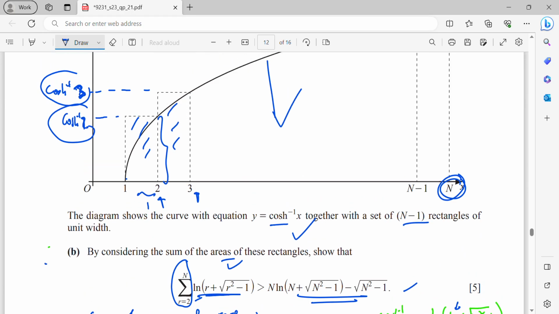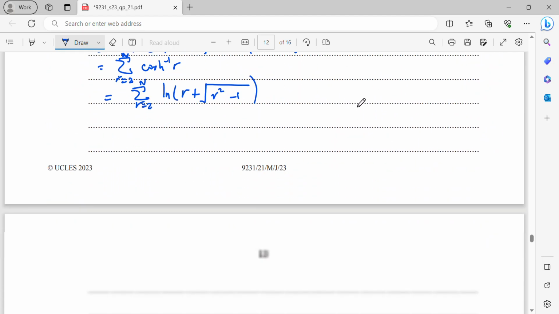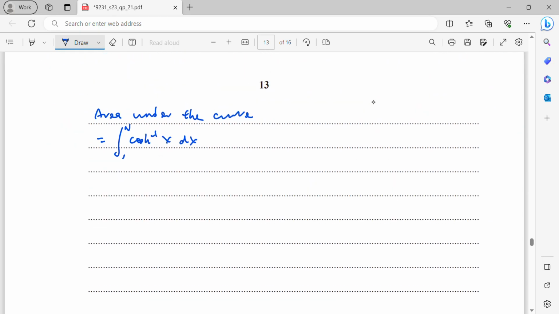To integrate inverse cosh x, I need to use integration by parts. I will change this to inverse cosh x multiplied by 1. So my u equals inverse cosh x, and then du/dx is 1 over square root of x squared minus 1. This formula is in the formula list. So dv/dx is 1, your v is x.